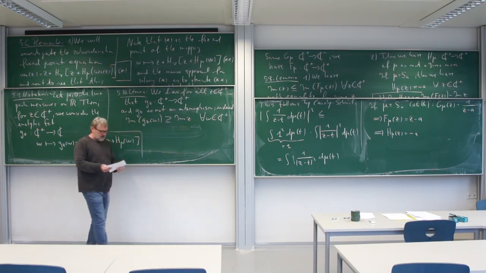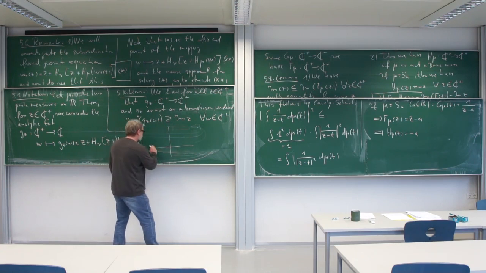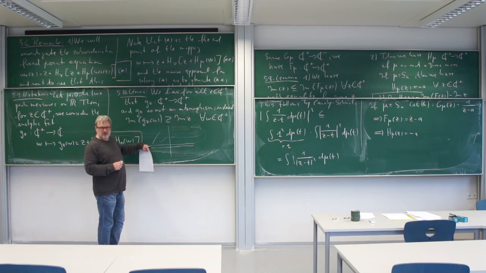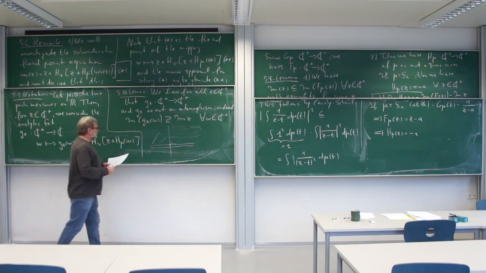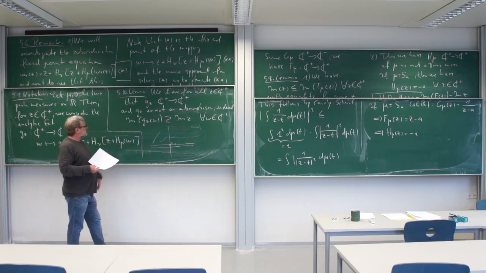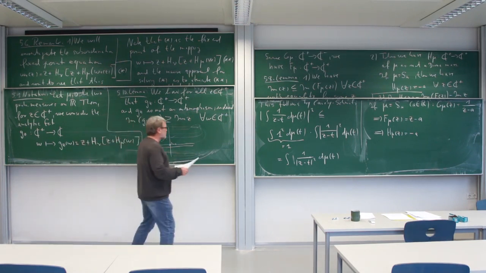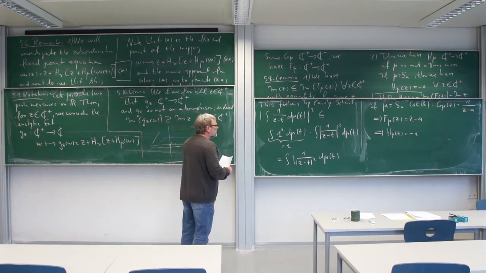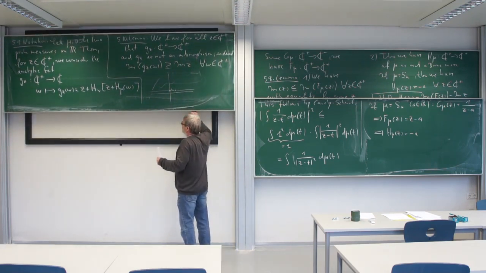So this means we are mapping the upper half plane onto something which has imaginary part bigger than the imaginary part of z. Okay, so if you see this, then we see that G_z is not a bijective mapping, and then it cannot be an automorphism. Okay, and this is easy to see from the estimates which we have seen before.